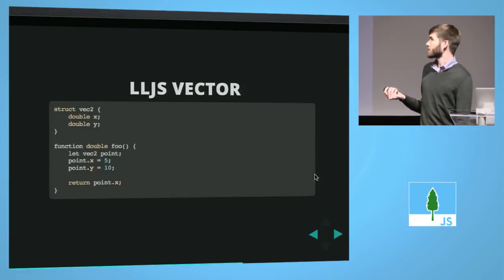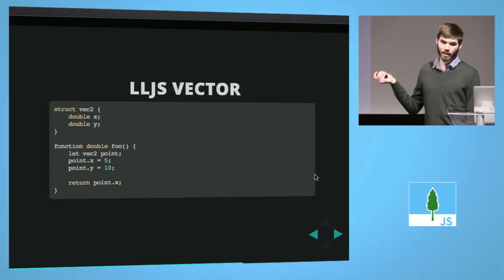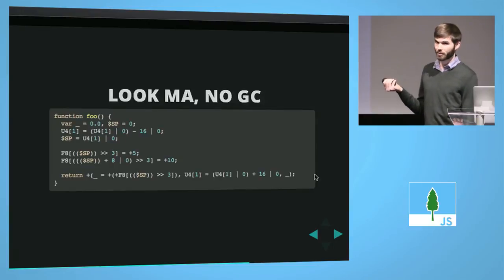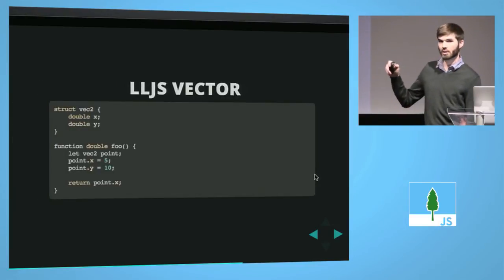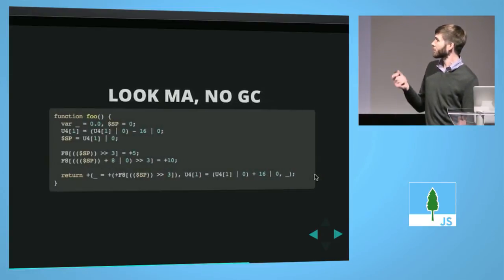So this is what an LLJS vector looks like. You say struct vec2, and then you can access it with point.x and point.y. This is all stack allocated, so this just compiles out to this. This is compiled code. This is never hitting the GC. It just basically reserved 16 bytes because I use a double x and y, which are 8 bytes of floating point values each.